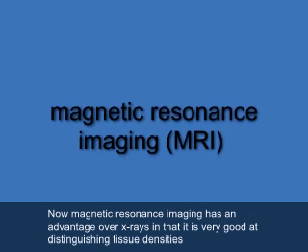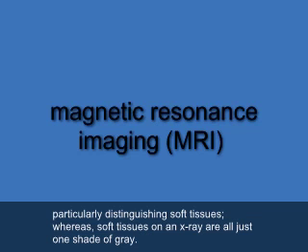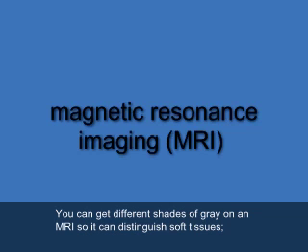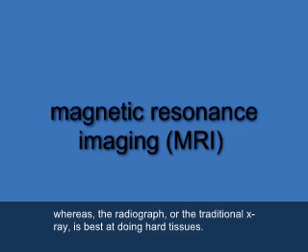Magnetic resonance imaging has an advantage over X-rays in that it is very good at distinguishing tissue densities, particularly soft tissues. Whereas soft tissues on an X-ray are all one shade of gray, you can get different shades of gray on an MRI, so it can distinguish soft tissues. The radiograph, the traditional X-ray, is best at imaging hard tissues.